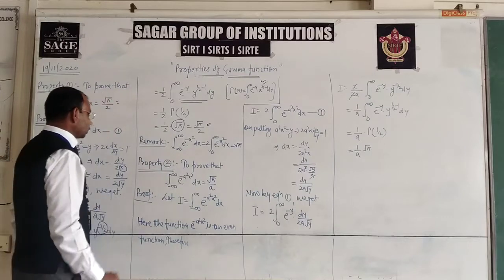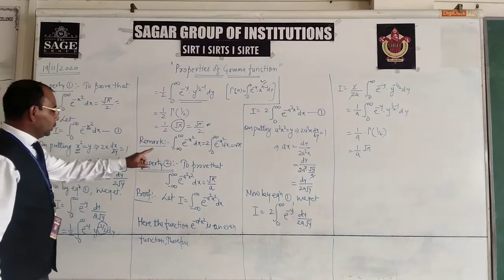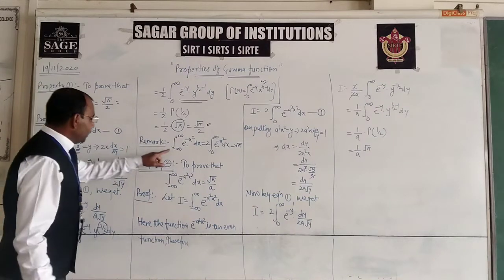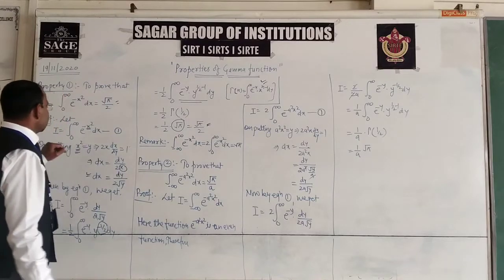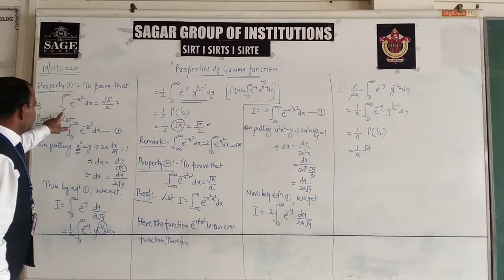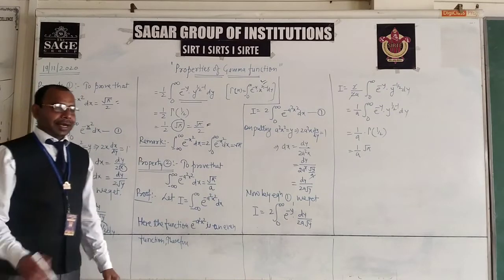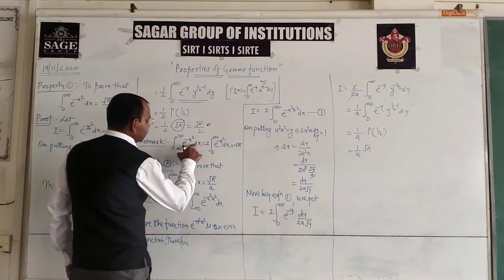Now we take a remark. Suppose the question has the limit minus infinity to plus infinity, but we have proved it for 0 to infinity. So the lower limit is minus infinity, and the integral is from minus infinity to plus infinity of e to the power minus x square dx.